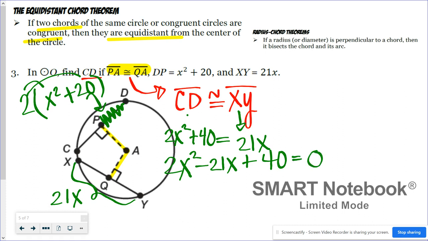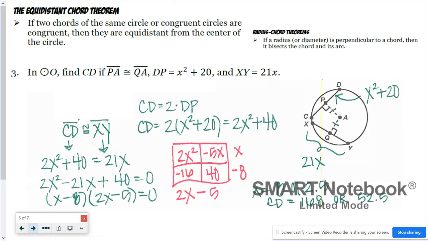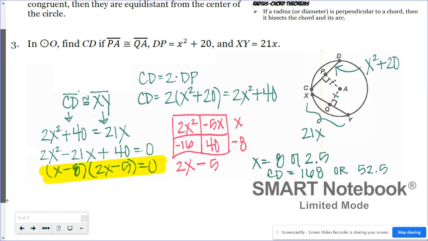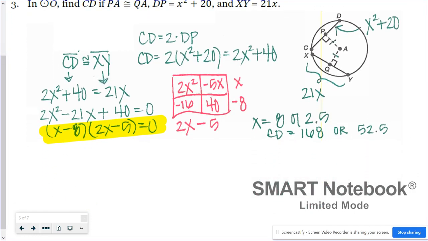Remember to always look for common factors first before you go doing that AC method. To save us some time, I've already done this. Okay, so there's all my algebra, right? And this is what I ended up with when I was all done factoring. I had the quantity x minus 8 times the quantity 2x minus 5 equals 0. And so if I use my zero product property, what that means is that x is 8 or it's 2.5.